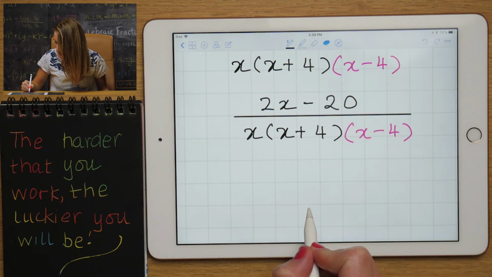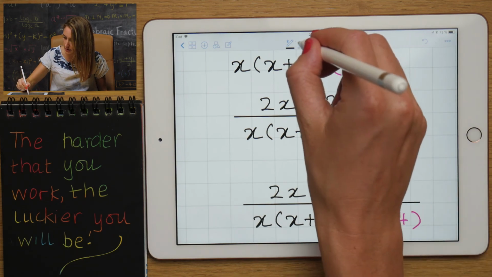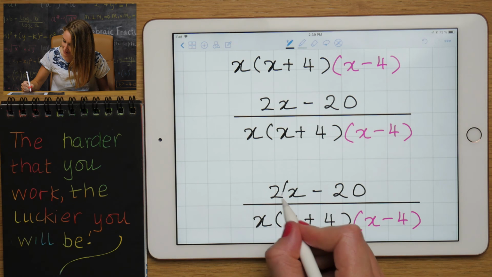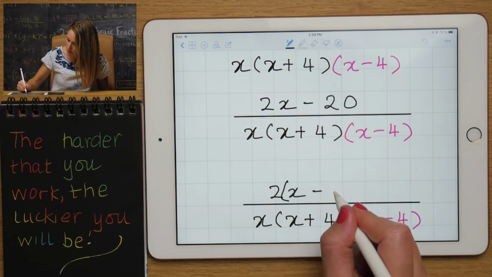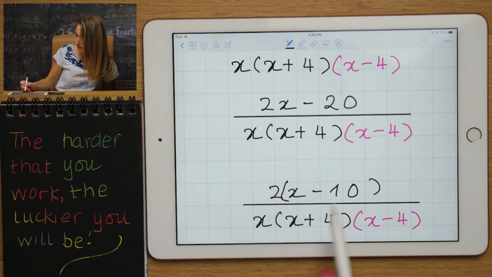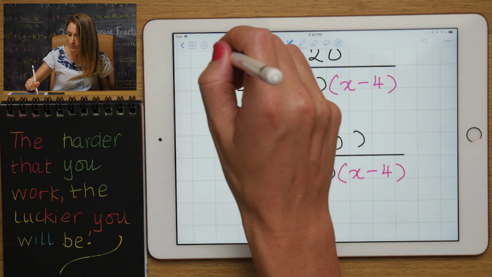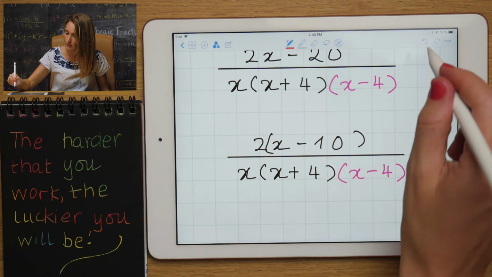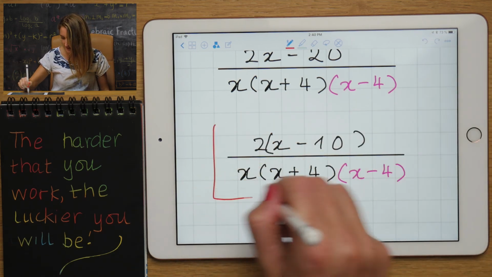I would just factorize the top just to check there's no further cancellation. There's no further cancellation that can be done. So that would be 2 times x minus 10. And no, that one won't go down any further. This is not matching those two. And now, really this time, unlike the last time where I said we were done and we weren't, we are actually finished.